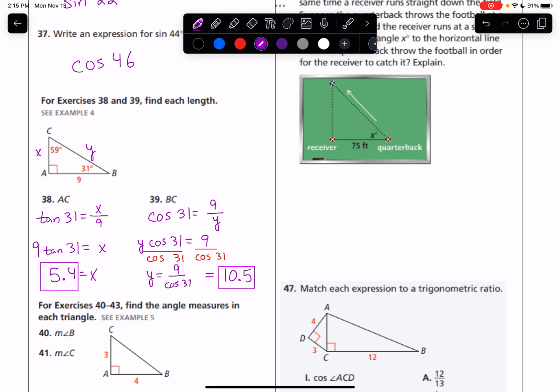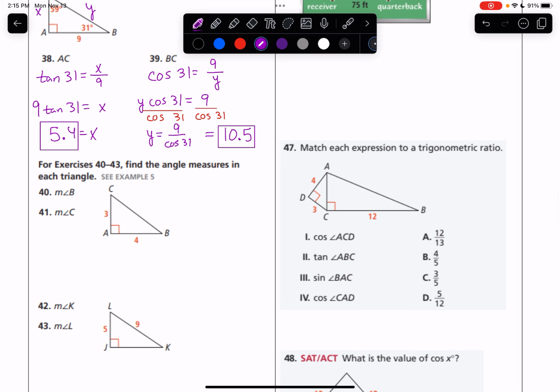All right. We can also go backwards. We can use trigonometry to find angle measures. So when we're using trigonometry to find angle measures, we can say, all right, for 40, the measure of angle B. If I'm standing at angle B, I know the opposite and I know the adjacent. So I can state that the tangent of angle B is equal to, I'll use a capital B, even though that's not really how I would normally write. So the tangent of angle B is opposite over adjacent, 3 over 4.